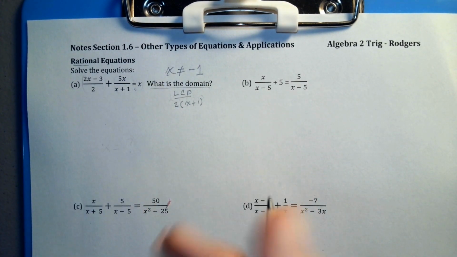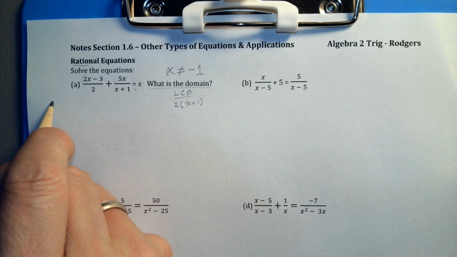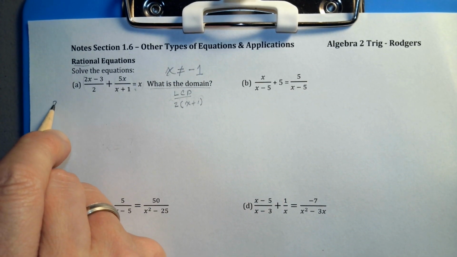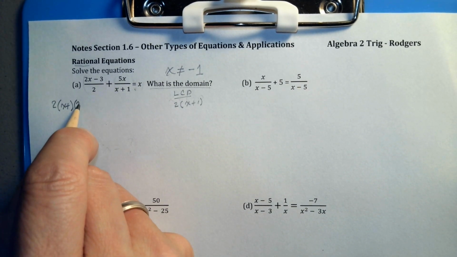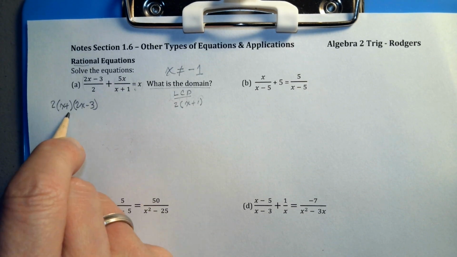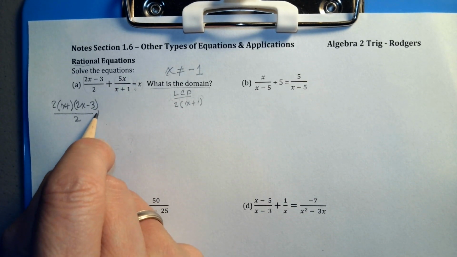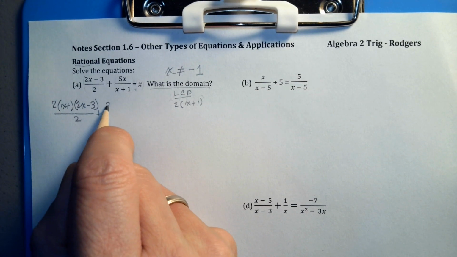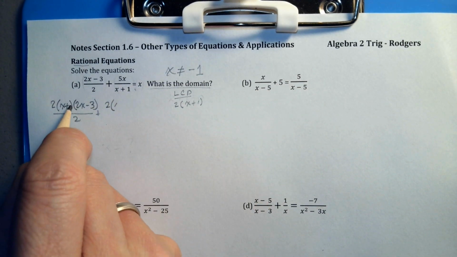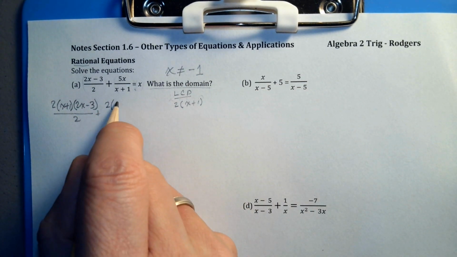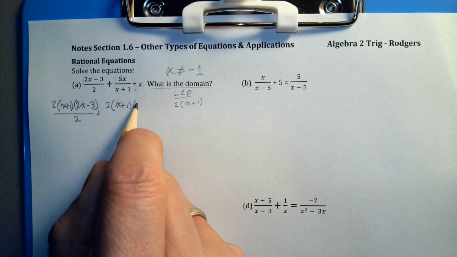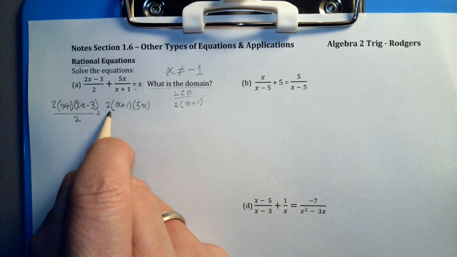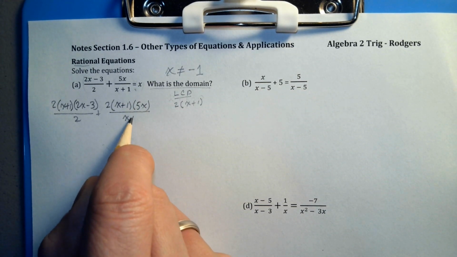So I'm going to write it all out this first time, but then the rest of this is the canceling process I'm going to do in my head. But this first time, I'll do it. So we're going to multiply 2 times x plus 1 times 2x minus 3, that was there, over 2, plus we're going to multiply by 2 times x plus 1, times the 5x that's there, and then that's over x plus 1.